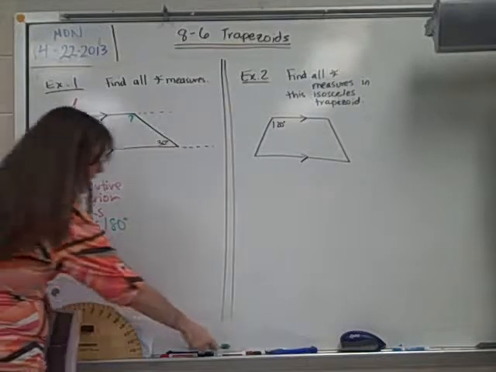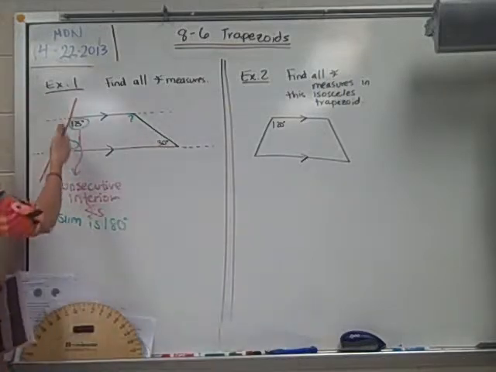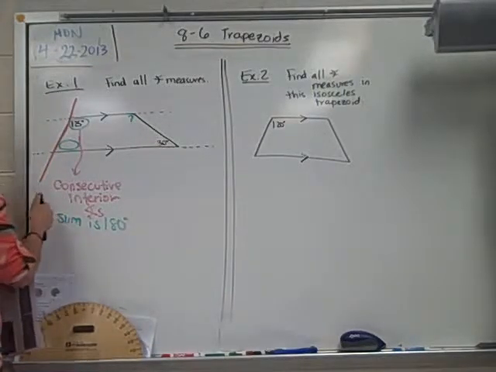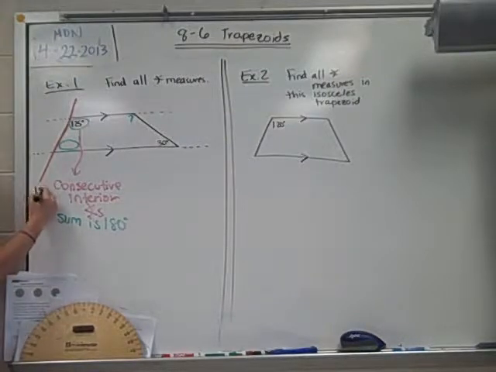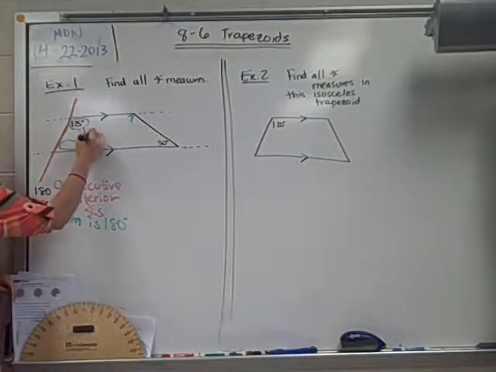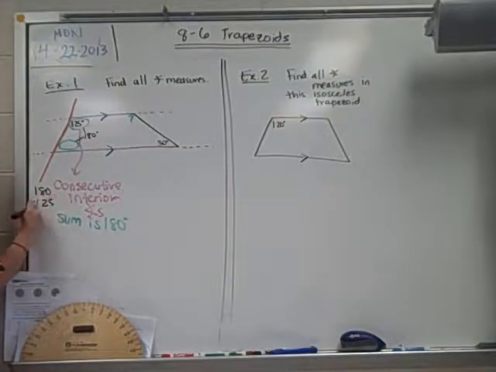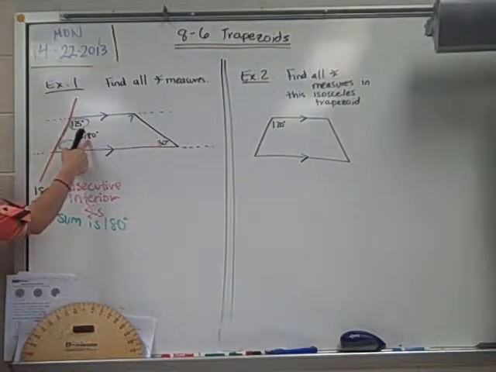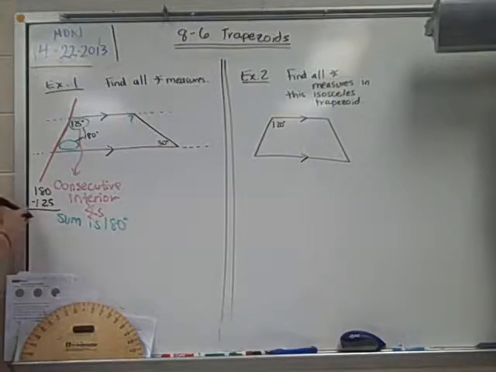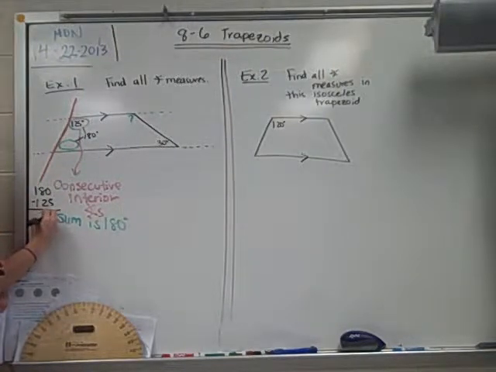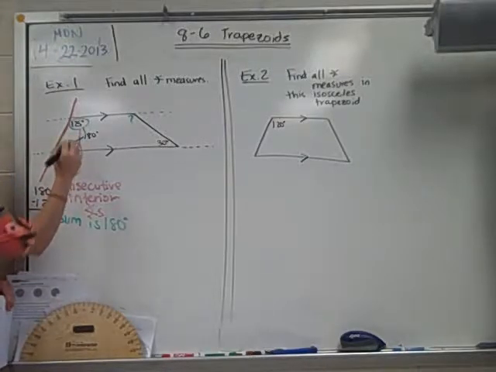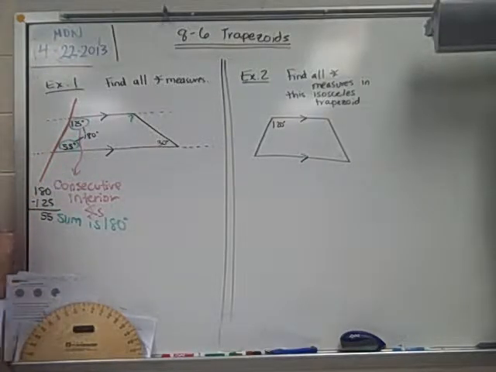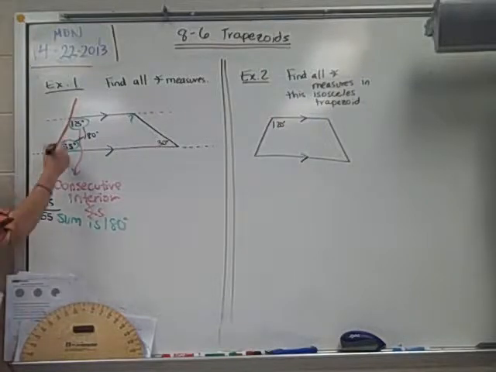So if I know I have a total of 180 degrees between these two, and I already have a 125, let's just subtract that from our total 180, and that's going to tell us what we're going to be left with for this other angle. 180 minus 125 is 55 degrees. So our answer for one of our angles is 55.